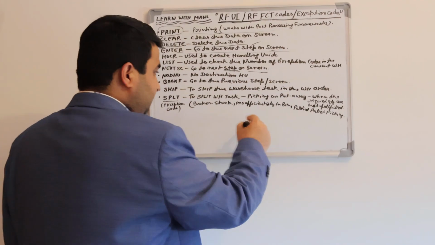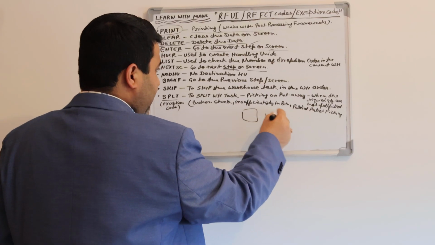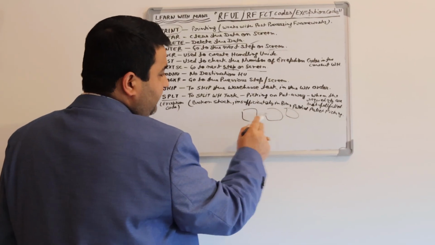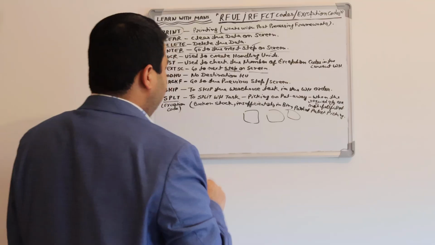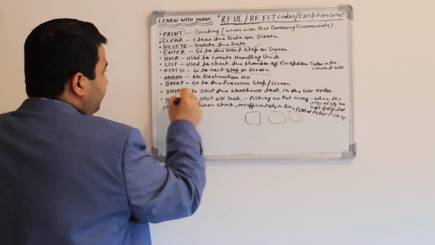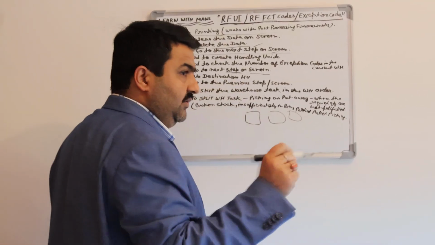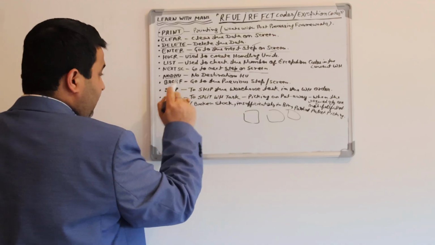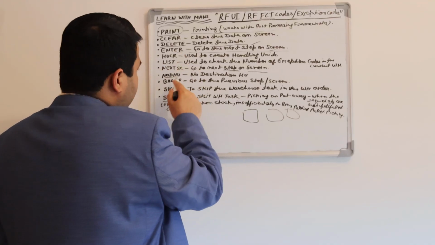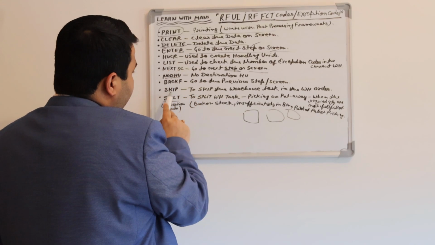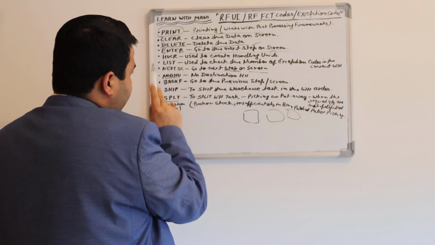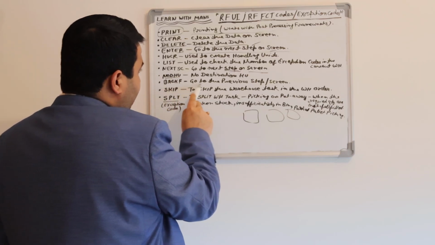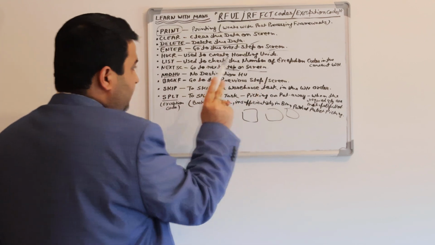Steps means suppose we have screen 1, screen 2, screen 3; these are step 1, step 2, step 3. NODHU means no destination handling unit. This is, for example, an exception code. BACKF goes to the previous step or screen.